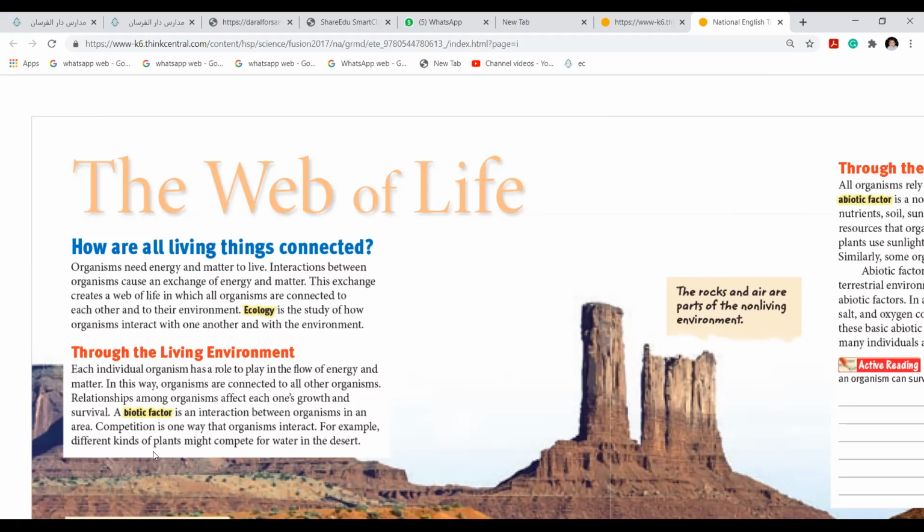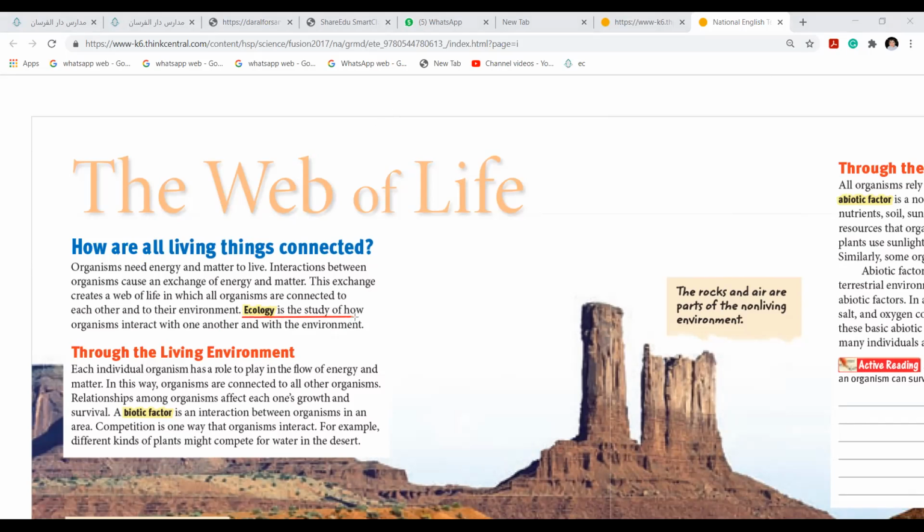Next to biotic factor, you can just write down living thing. Next to ecology, we'll just write down study of organisms with the environment. That's enough. No need to write interact and everything. Are you able to understand what I'm saying? Better you all sit with the books.